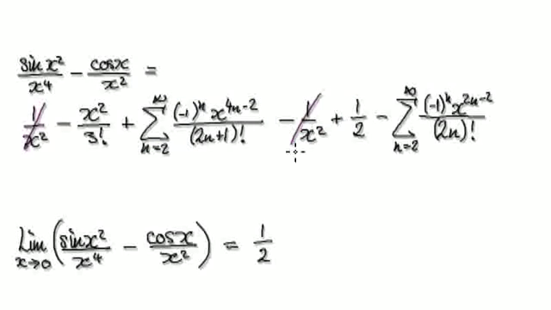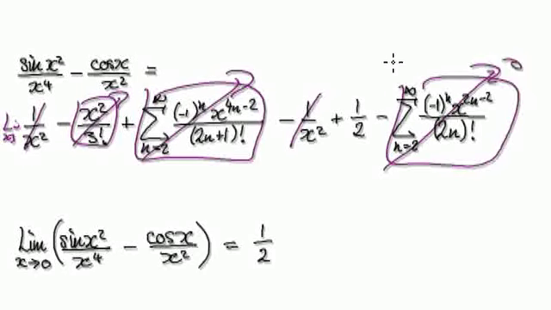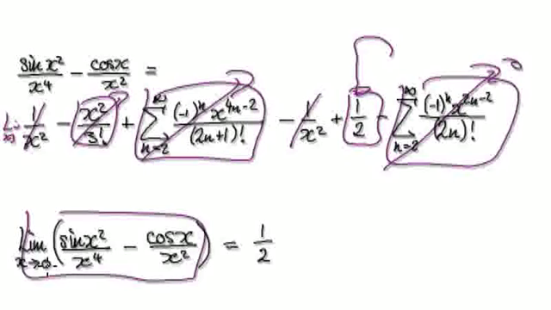These two will cancel each other out. When you take the limit as x tends to 0, this is going to head towards 0 anyway. This will head towards 0. This thing here will head towards 0. You're just left with this block here, a half. So the limit of this as x tends to 0 is a half.